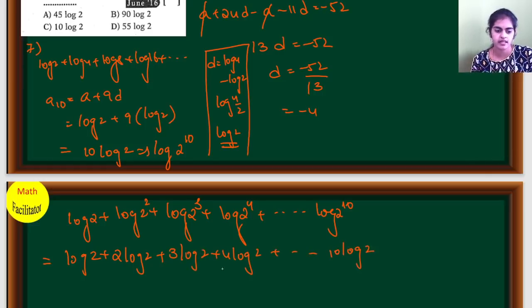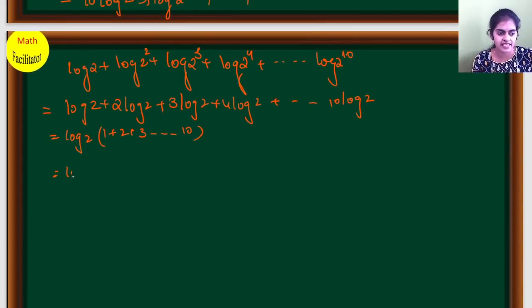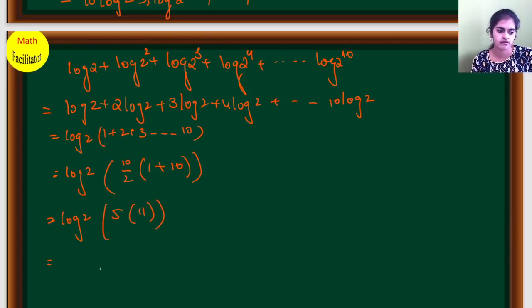Now here log 2 I can take common, so I'll have 1 plus 2 plus 3 so on till 10. Now you will find the sum of these 10 terms. Sum of the 10 numbers is how much? 10 by 2 into a plus an. So that is log 2 into 10 by 2, which is 5, into 11. So how much are you getting? 55. So this is 55 log 2 is the answer, or you can write it as log 2 power 55.